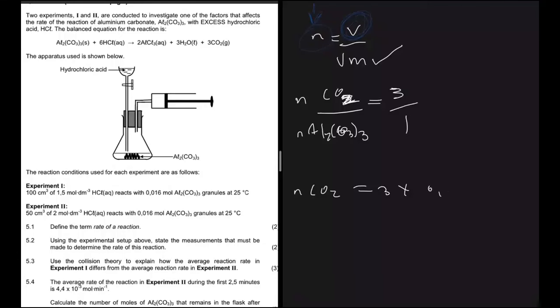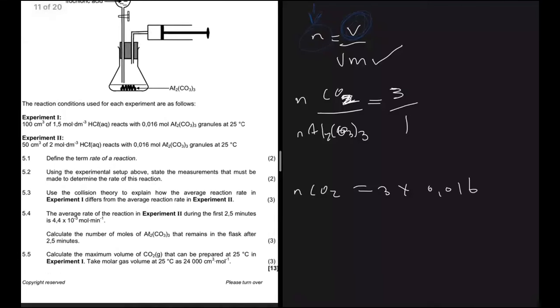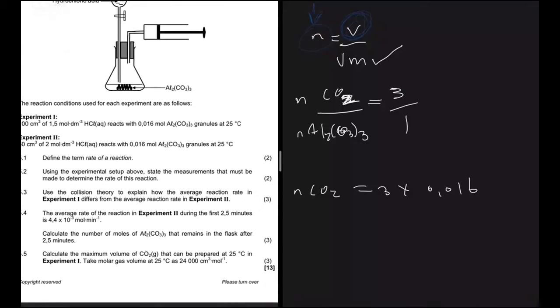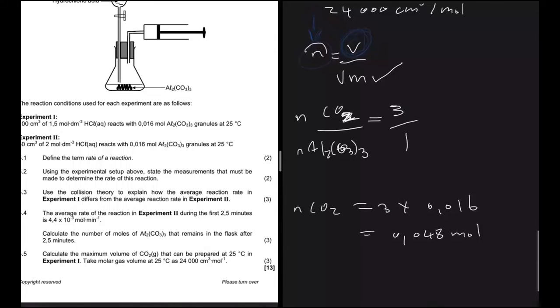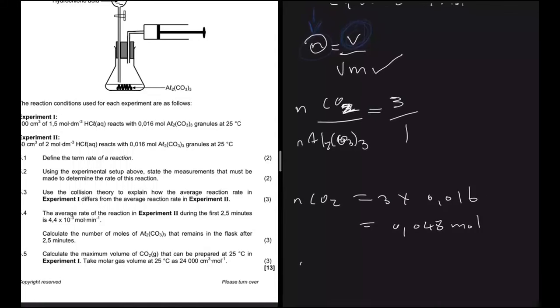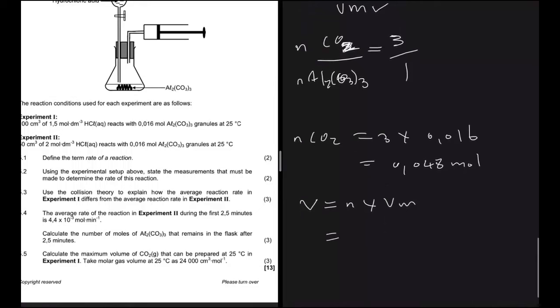That is 0.016, because the number of moles of aluminum carbonate is 0.016, and the HCl is in excess. So at the end of the day, all the aluminum carbonate is going to get used up. Let me put that in the calculator. That gives us 0.048 moles. So now we have the n we were looking for. Now we can calculate V: V equals the number of moles multiplied by the molar gas volume, given as 24,000.